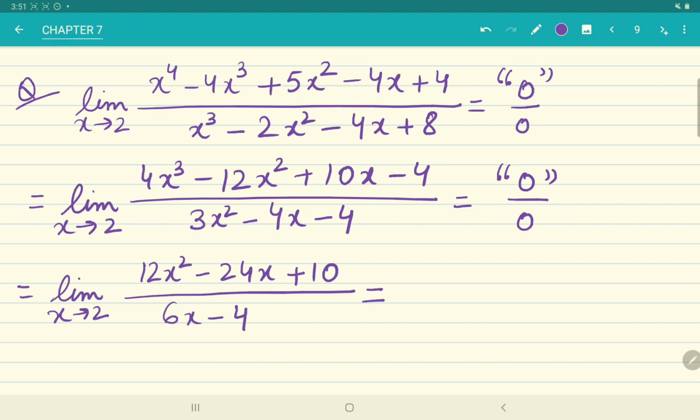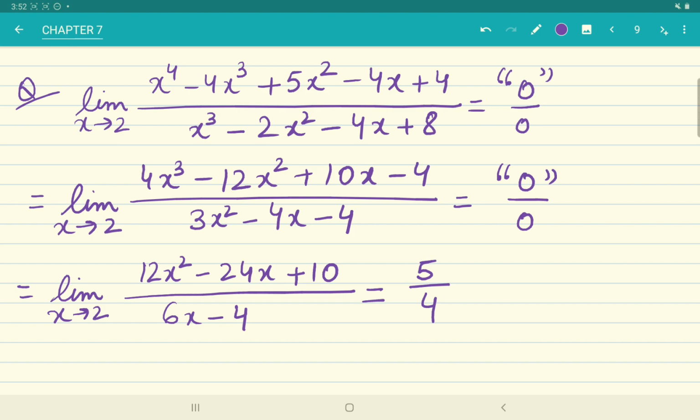Now this is not an indeterminate form of type 0 by 0. So here I see that I can actually get the limit. I mean, the limit is determined now, and it is equal to 5 by 4. So this is the case where you apply L'Hopital's rule twice.